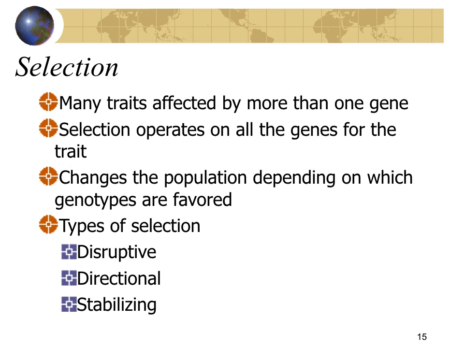And changes in the population can depend upon the genotypes that are favored, and these can produce some unusual patterns where you get disruptive selection, directional selection, or stabilizing selection. Directional selection is pretty easy to recognize in that it shifts the average of the population. But disruptive selection is a little bit harder, and stabilizing selection, that's just where you favor the average.